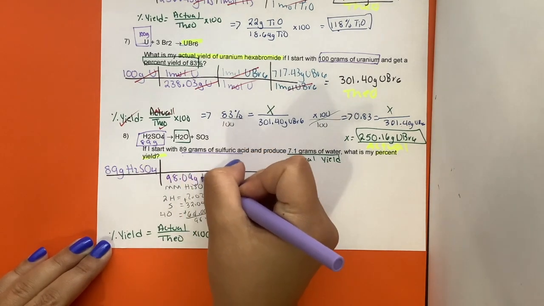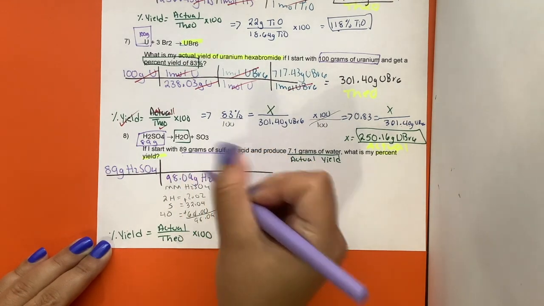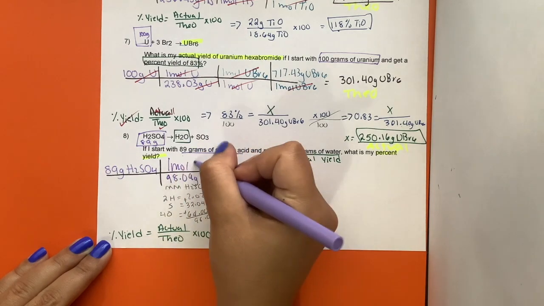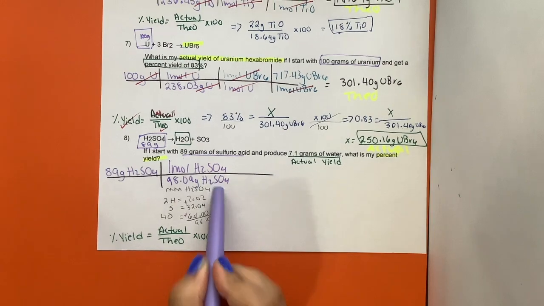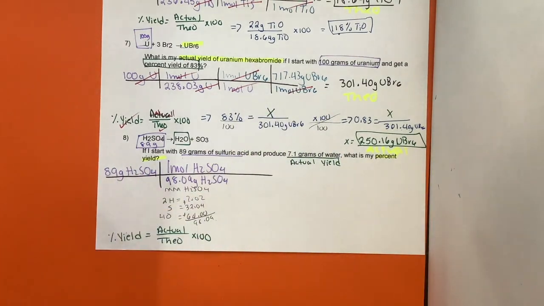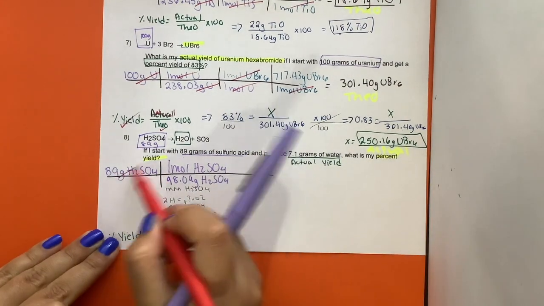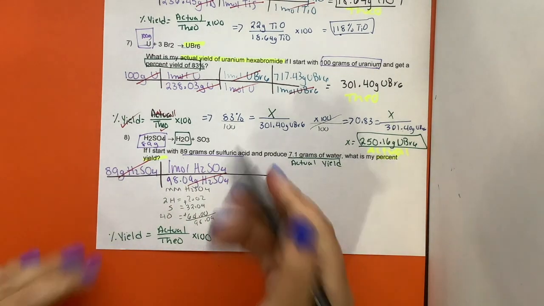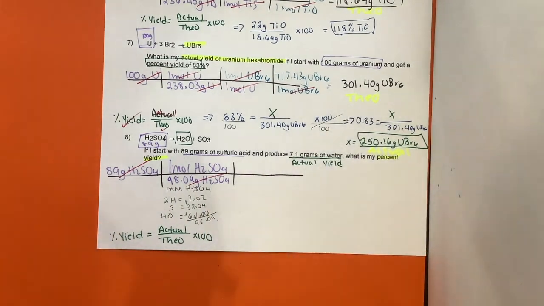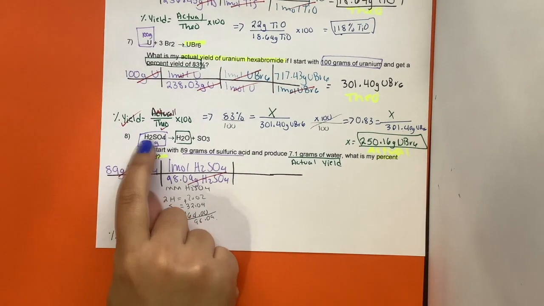Okay, so this number, I'm going to put it in the bottom: 98.09 grams of H2SO4 for every 1 mole of H2SO4. The reason that I put grams in the bottom is so that grams and grams cancel each other out. Now that I'm in moles, I can use the mole ratio to jump from one to the other.